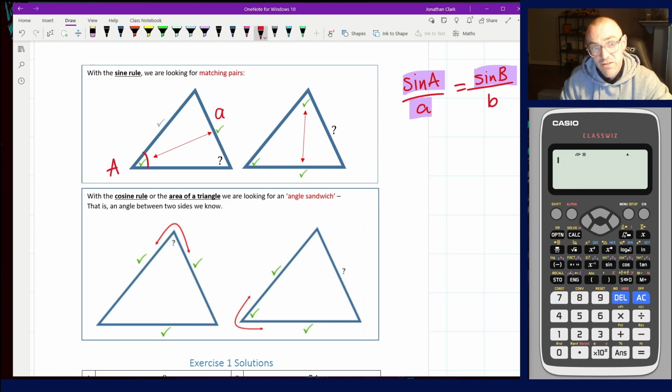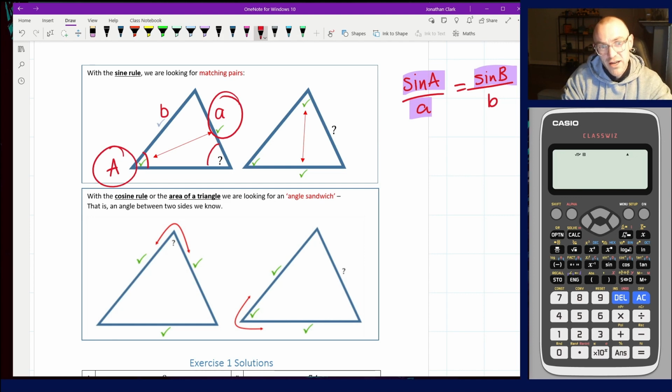And the thing I'm trying to find is either a missing side or a missing angle. So if your triangle isn't labeled whatsoever, you can just try and look for a matching side, the matching angle, and then another combination of side and angle that you're trying to find out about.